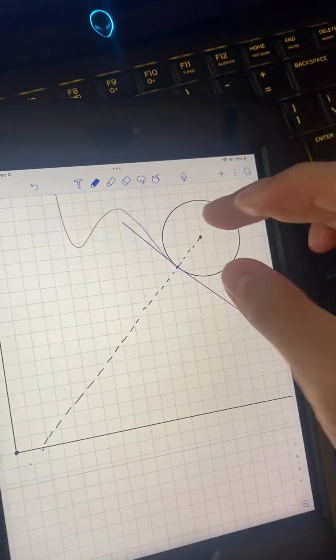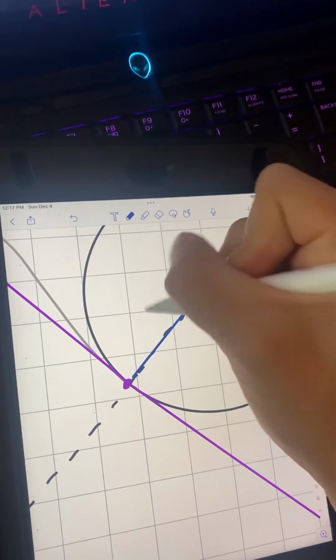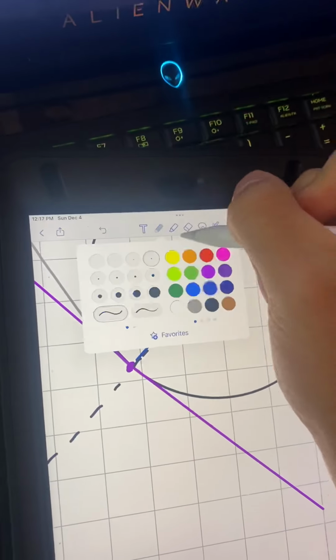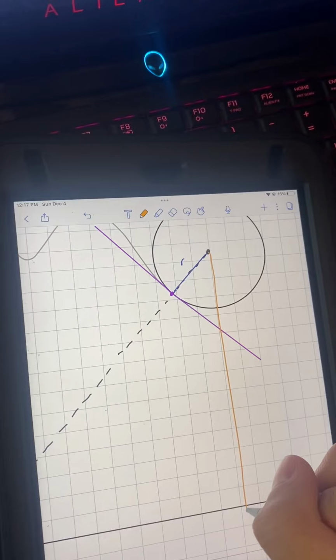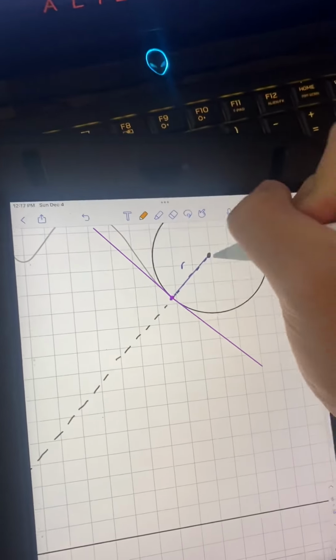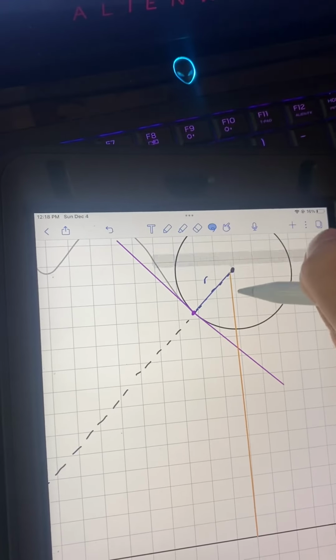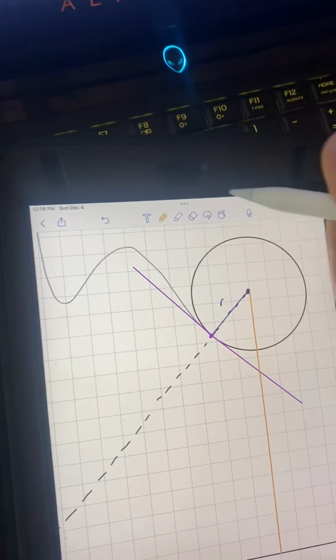So I'm going to do this. I'm going to call this blue length r for my radius, because it's going to be important later on. And I'm going to call this height right here, this is my height, right? There we go. That's my height.